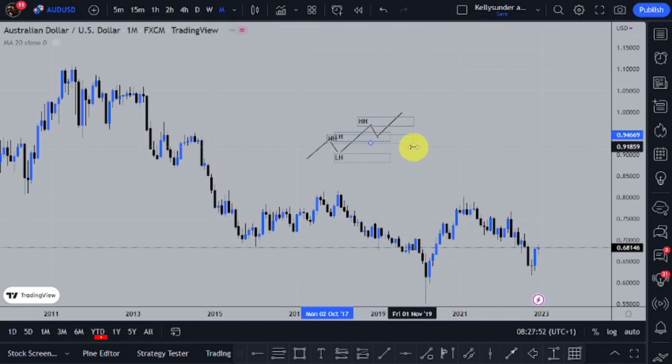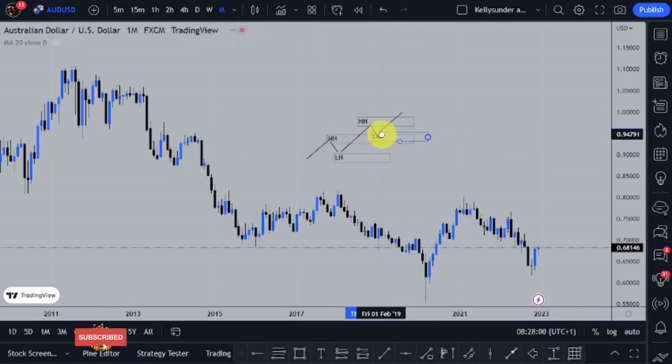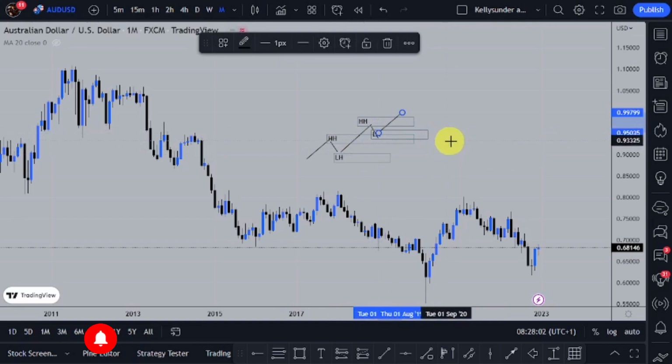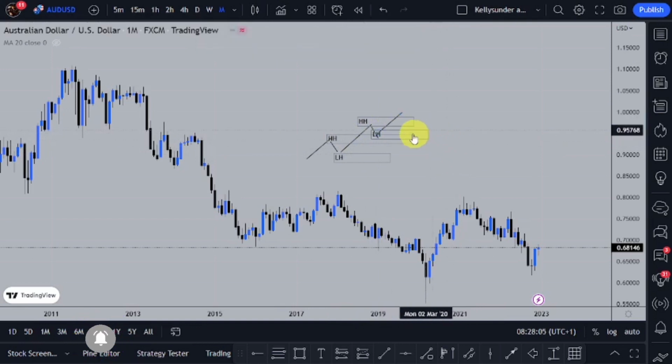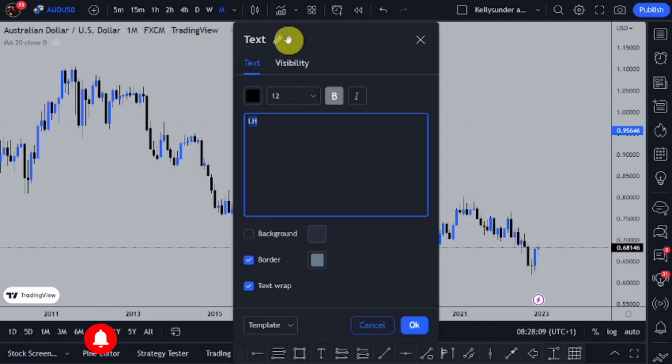Then, okay, this is a lower high. I don't really like this bracket I'm seeing, so I will be editing it. I don't want to see any border. Okay.